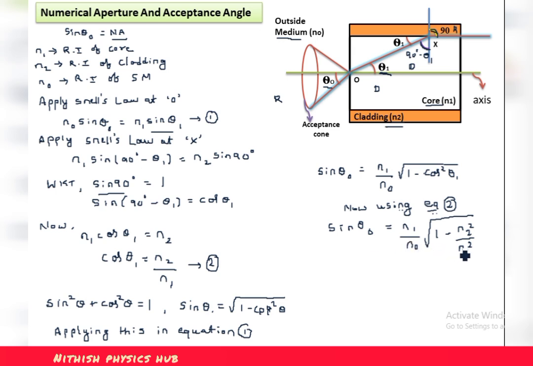Since the square root of n1 square is n1, the n1 and n1 cancel in the equation, and sine theta naught is equal to the square root of n1 square minus n2 square divided by n0.